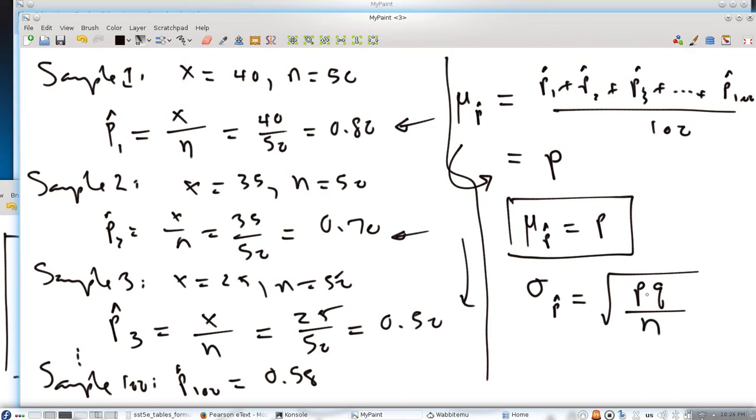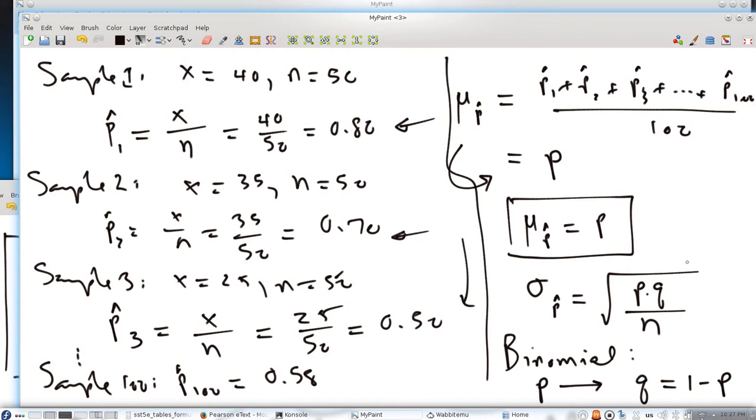Now here we have the product of P and Q, and if you remember, for a binomial process or property, we are interested in only two possible outcomes. If we know the probability of success, we can find the probability of failure, which is just the complement of P, in other words, just 1 minus P. So this is what we mean by the probability of success multiplied by the probability of failure divided by n.